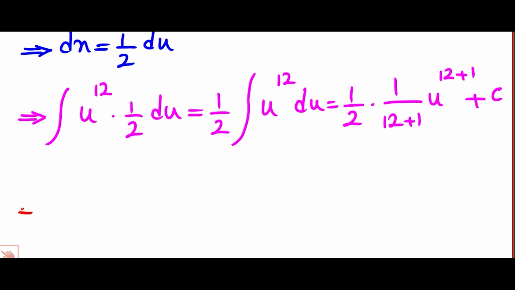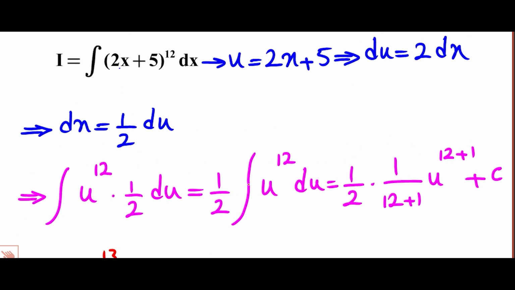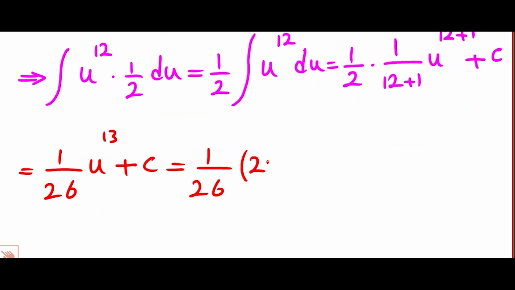So we have 1/2 times 1 over 13 is 1 over 26 u to the power of 13 plus c. And we know that u is 2x plus 5, so 1 over 26 times 2x plus 5 to the power of 13 plus c. This problem shows that even with large exponents, if the function is linear, u substitution simplifies the integration beautifully, right?